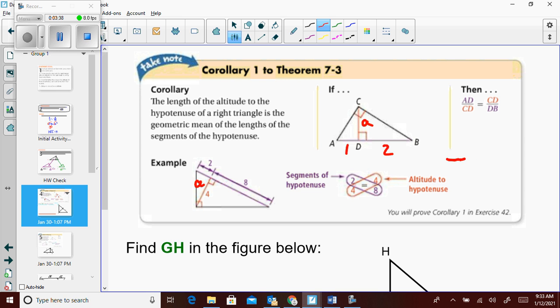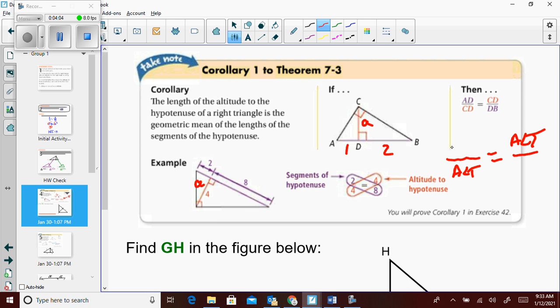How I always look at it is it's going to be the altitude and the altitude. The altitude and the altitude is going to repeat. And then you have, however you want to do it, you can call it segment 1, segment 2, piece 1, piece 2, part of the hypotenuse, whatever you want to do.